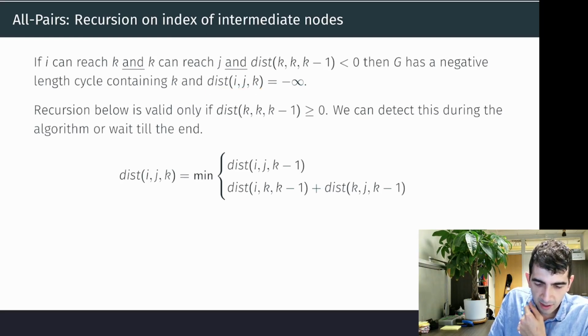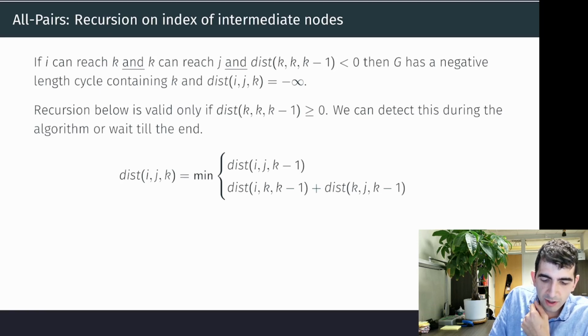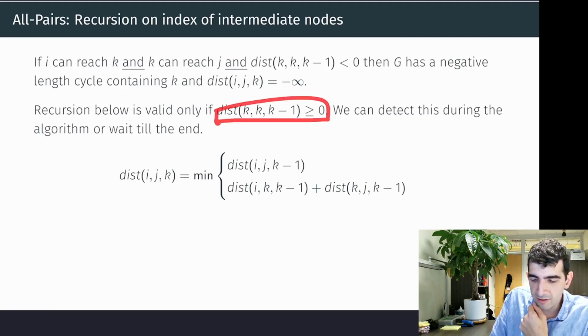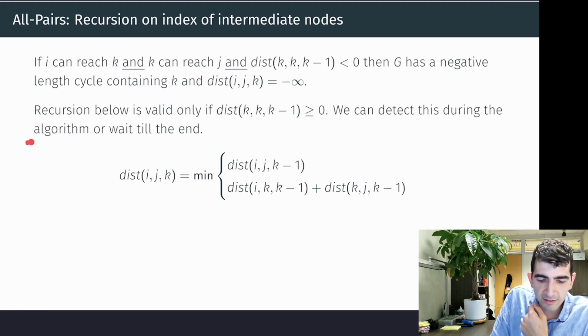So the recursion below is only valid under this condition. We can detect if there is a negative length cycle during the algorithm, or wait till the end to detect it.